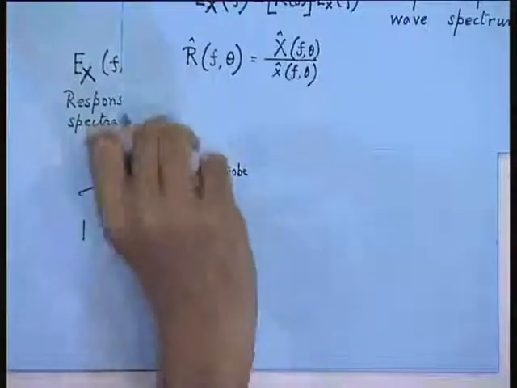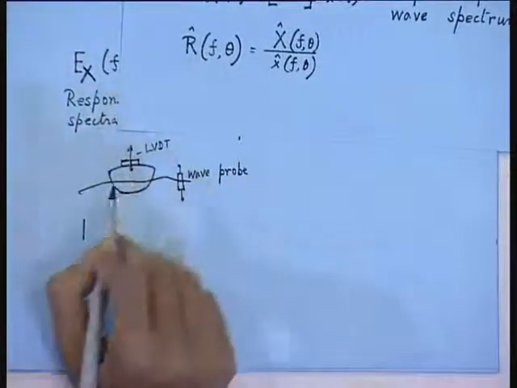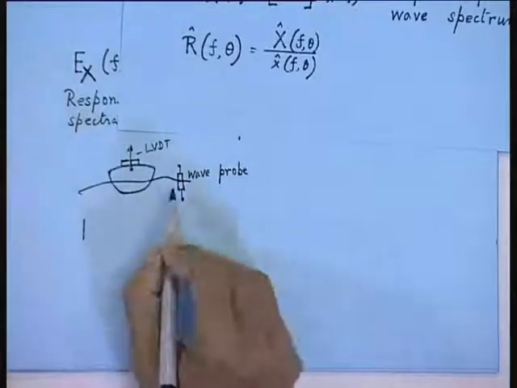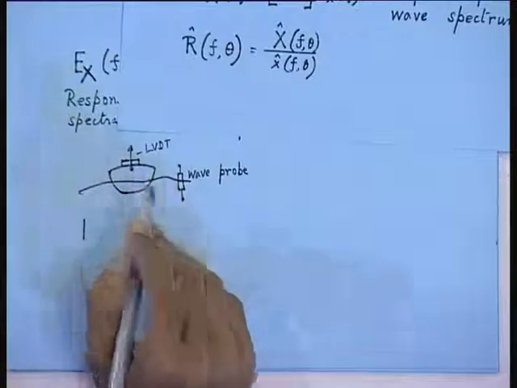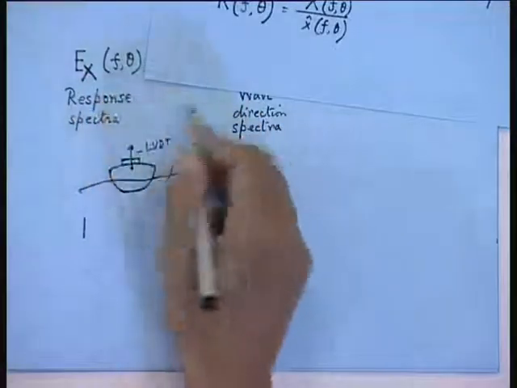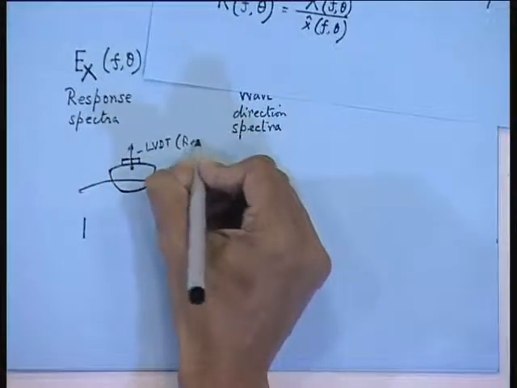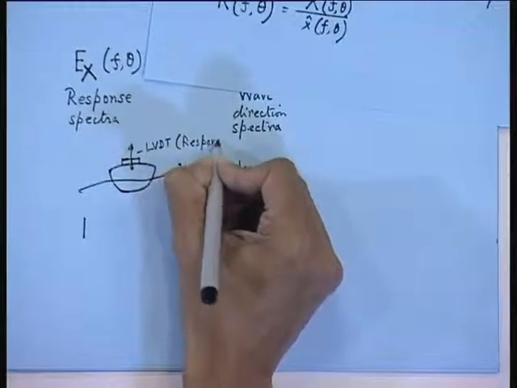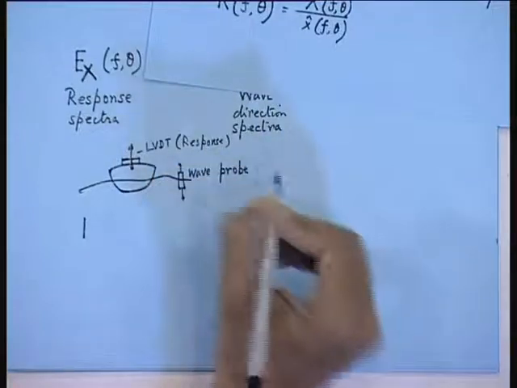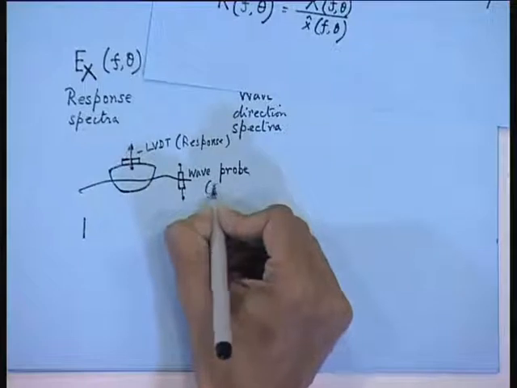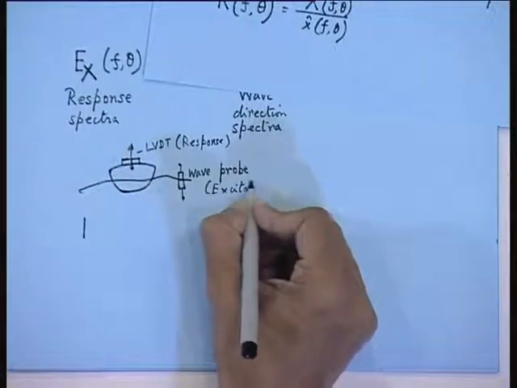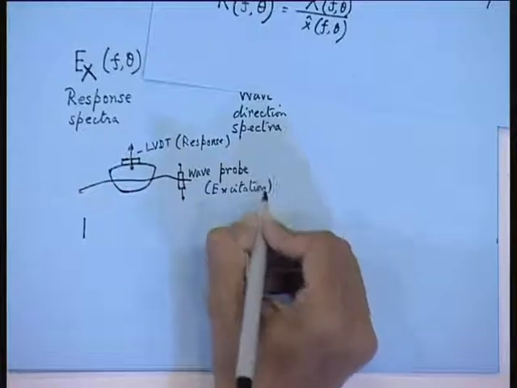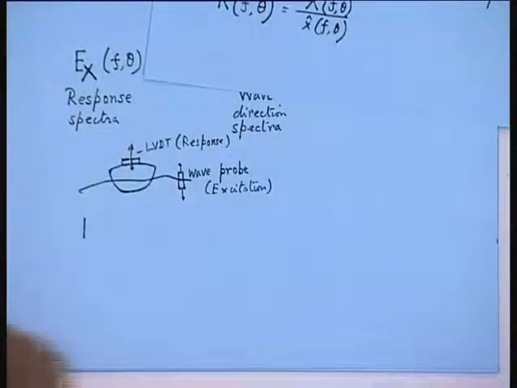This is actually giving your excitation, isn't it? From the wave probe you are getting the excitation, and the ship is giving the response. So, here you are getting the response from this LVDT, and this is giving you the excitation. So, you get the displacement from these two instruments.